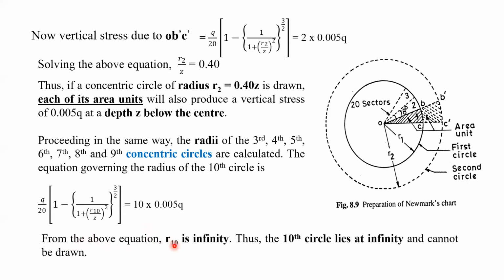From the above equation, Newmark has considered R10 to be infinity. Thus, the 10th circle lies at infinity and cannot be drawn. So the first to 9th circles can be drawn, and the 10th circle lies at infinity. Now we shall see further.